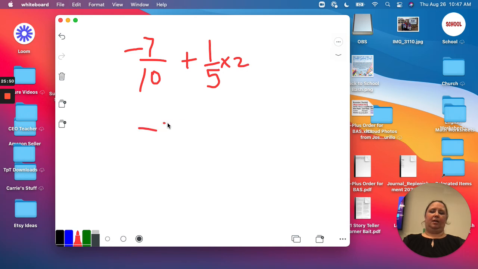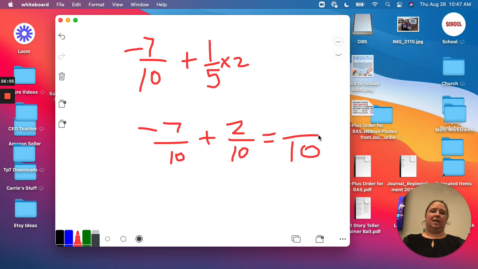So I rewrite negative 7/10 plus 2 times 1 is? 5 times 2 is? When you're adding fractions, the bottom number just carries across. What is negative 7 plus 2? Negative 5. Okay, now my last step, can I reduce this?